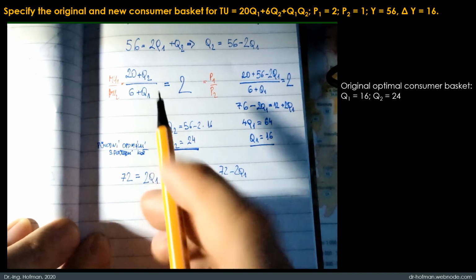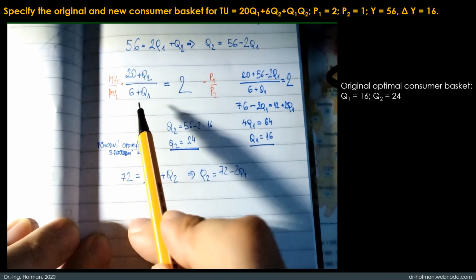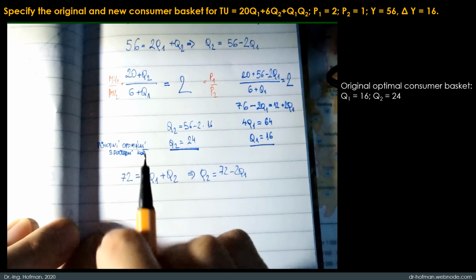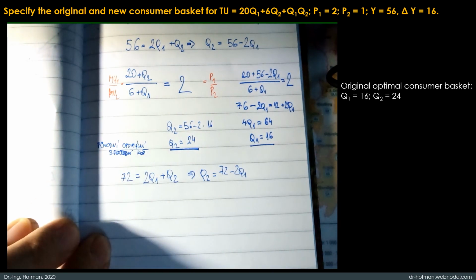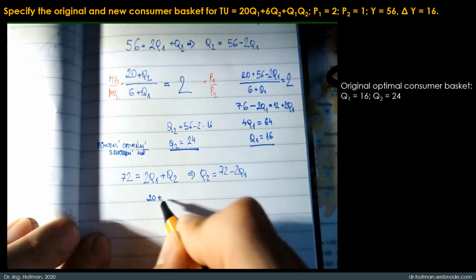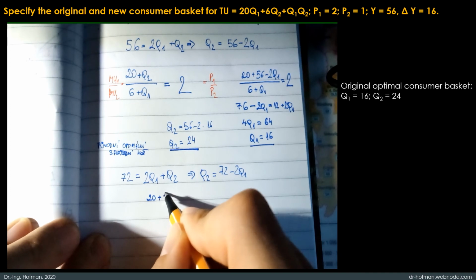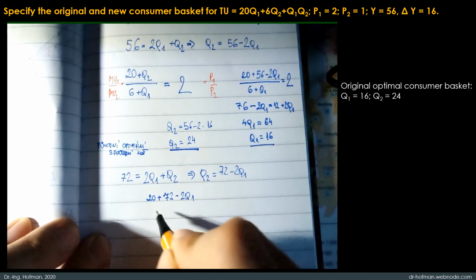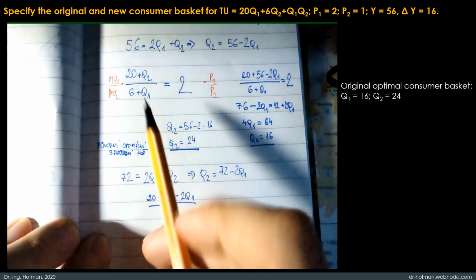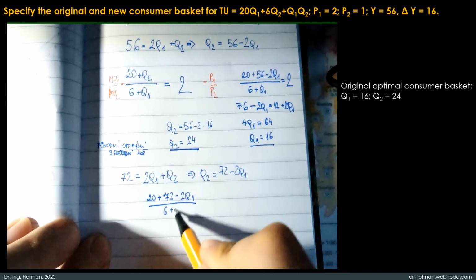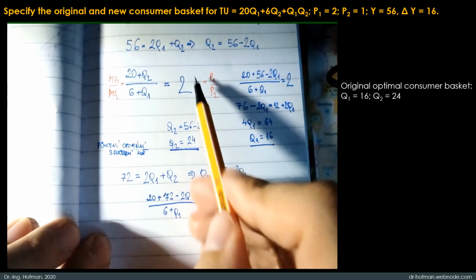Now I calculate mu1 over mu2. I have to ask myself, is it changed or can I write the same ones? Yes, Q2 is changed. So the substitution will be 72 minus 2Q1. The rest, 6 plus Q1, stays the same.